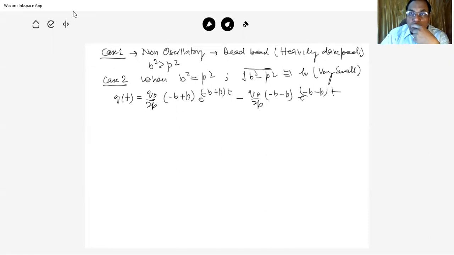So we can consider the whole case as it is, taken common कि जो e raised to the power, under root of B square minus P square t है, ये बहुत छोटा केस होगा. The quantity is very small.